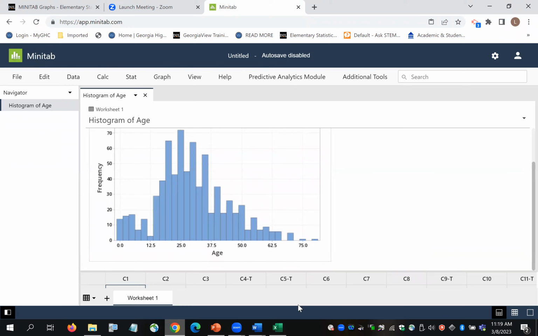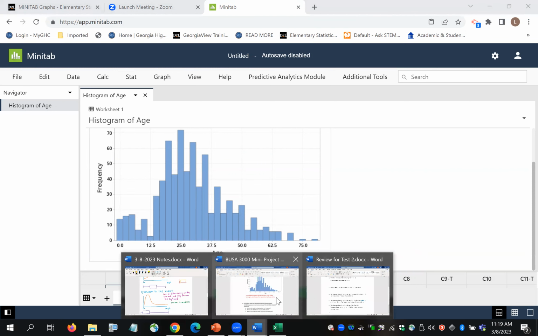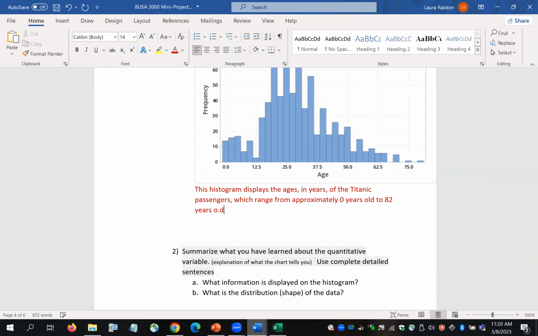So I might say up to 82 roughly, okay? Because I've said approximately to 82 years old.